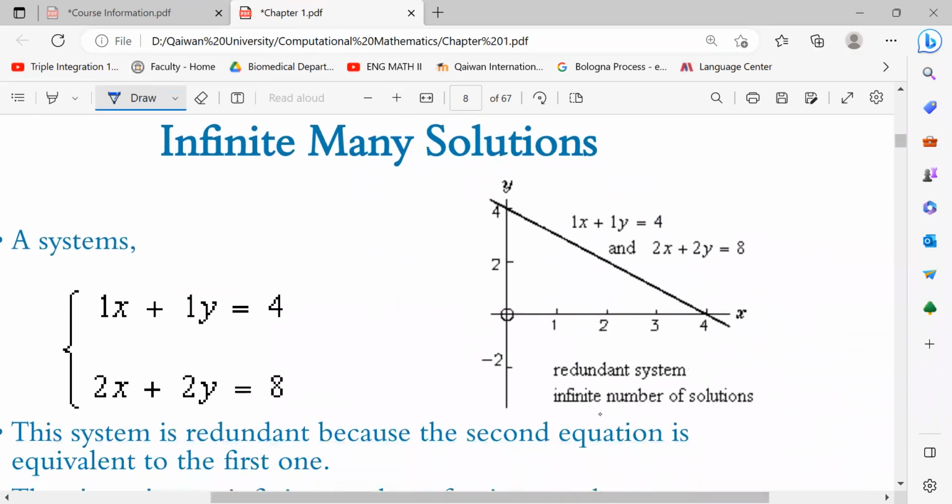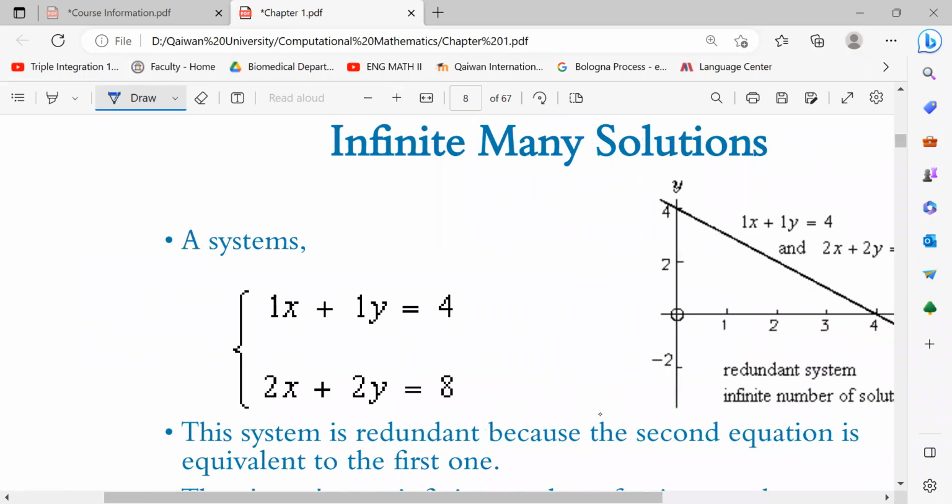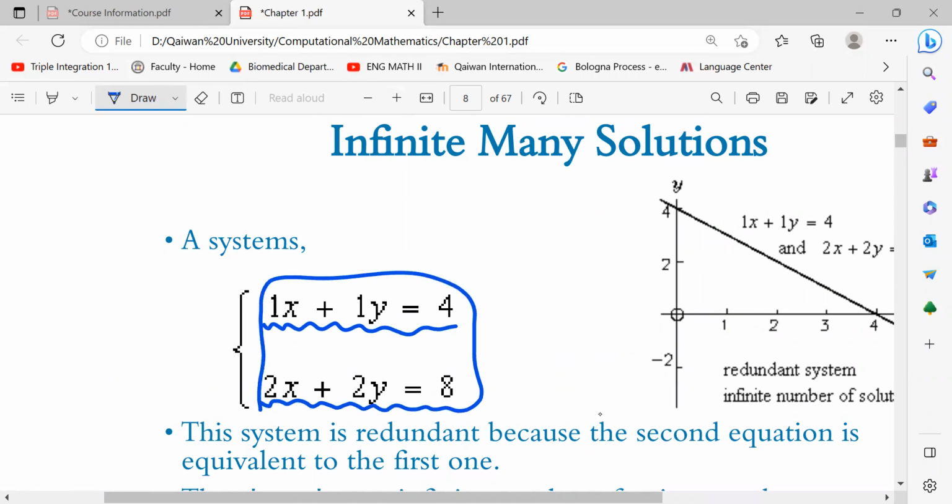Then we have infinitely many solutions. If we have infinite solutions, here we say 1x plus 1y equals 4, and also 2x plus 2y equals 8. As you see, the graph of these two lines are on each other.